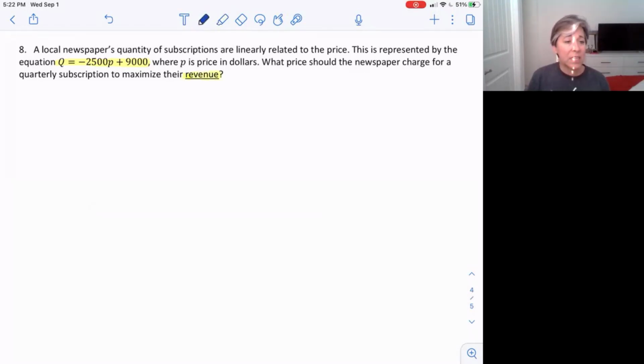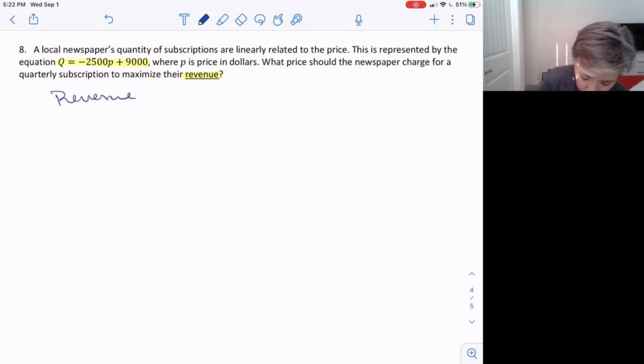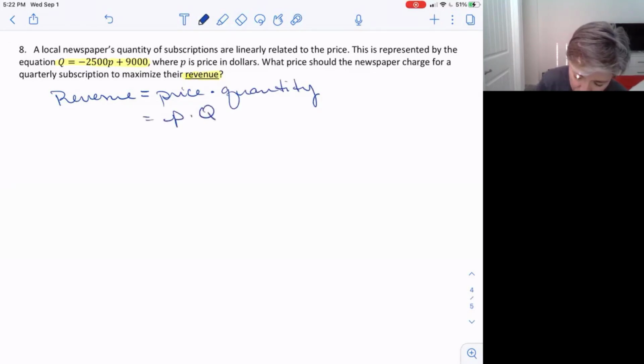Well, this one's interesting because Q just represents the quantity, how many subscriptions they're selling. Revenue is price, if you remember, times quantity. So that means price times the Q, but we want it in terms of only one variable.